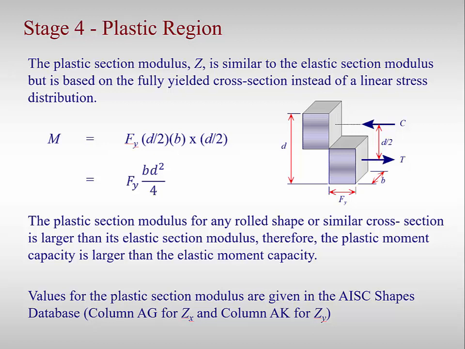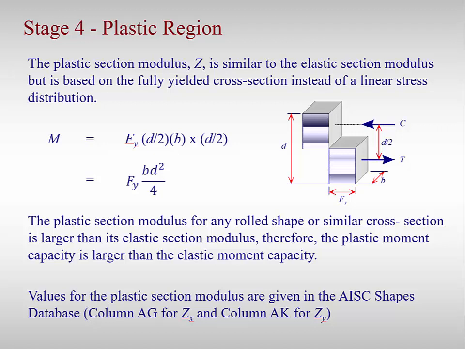That is, you have 1/4 versus the 1/6. This means that the nominal moment capacity is 50% greater when based on the plastic state versus the elastic state. And again, that's for a rectangular cross-section.